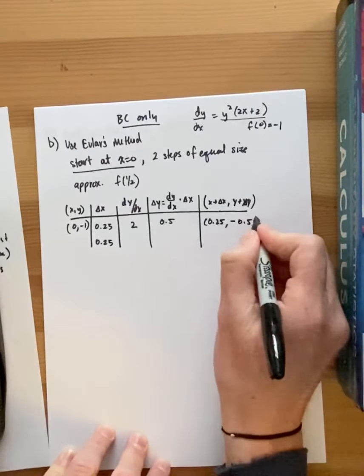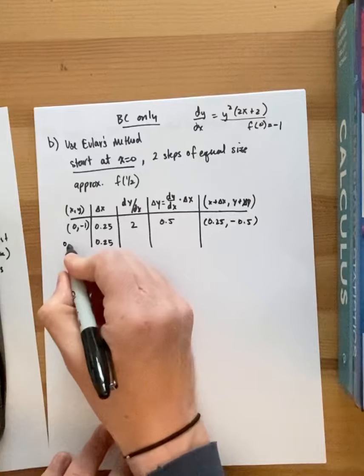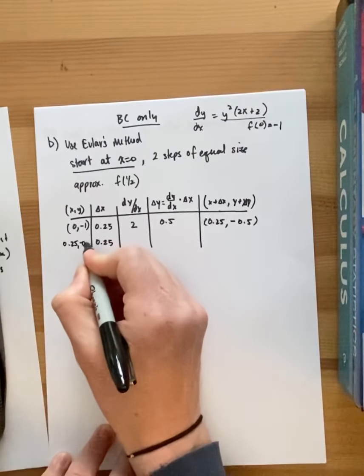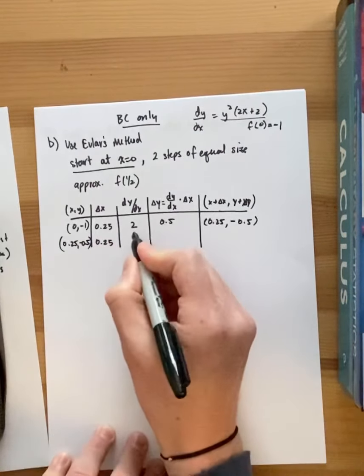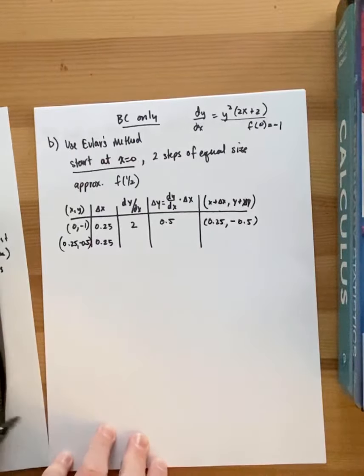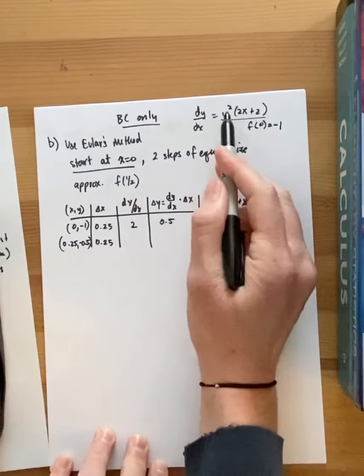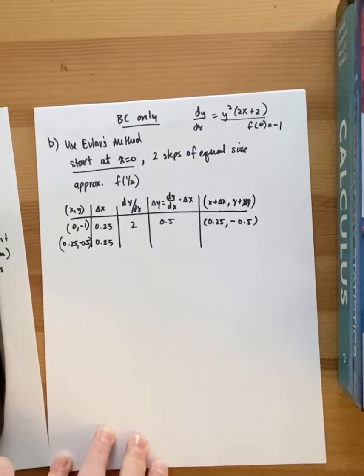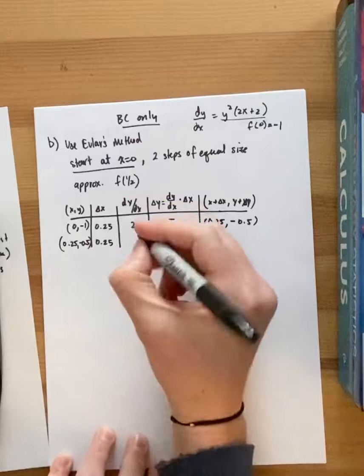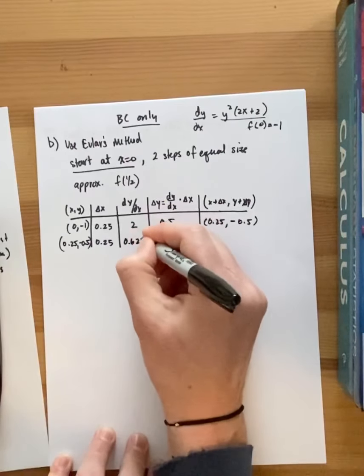Okay, now we do this a second time, but we're going to use that new point. So here now when we plug in, I'm going to get -0.5 squared, and then 2 times the 0.25. So I'm plugging this point into the differential again. Plus 2, and that'll give me 0.625.